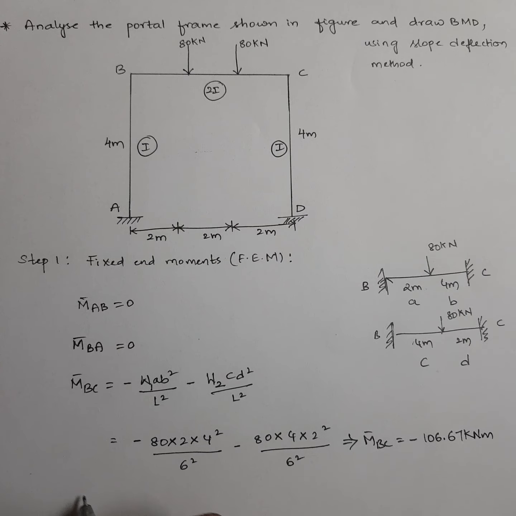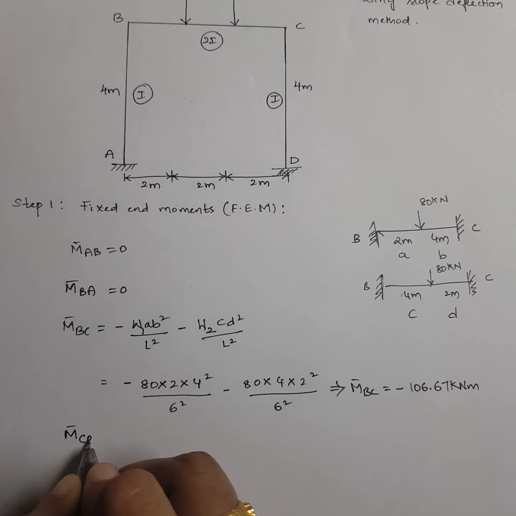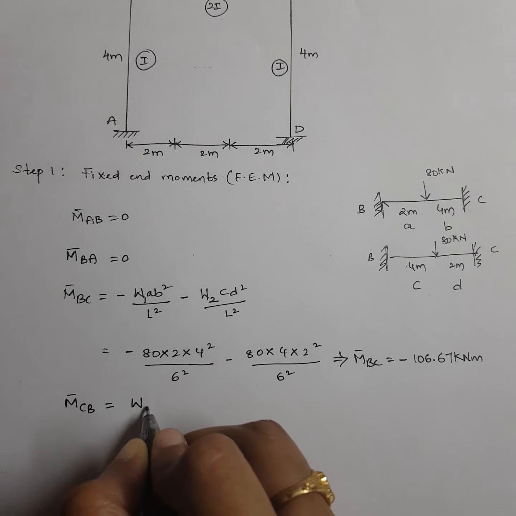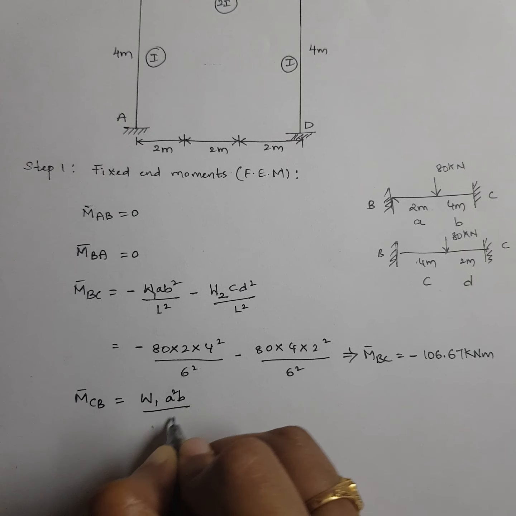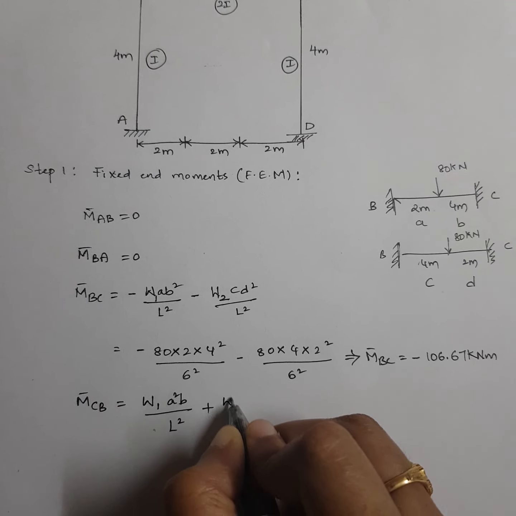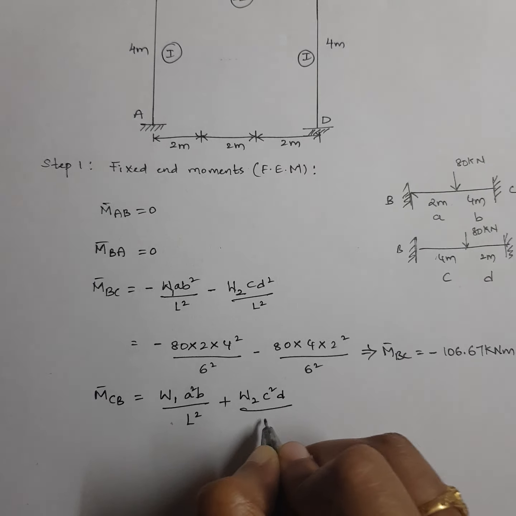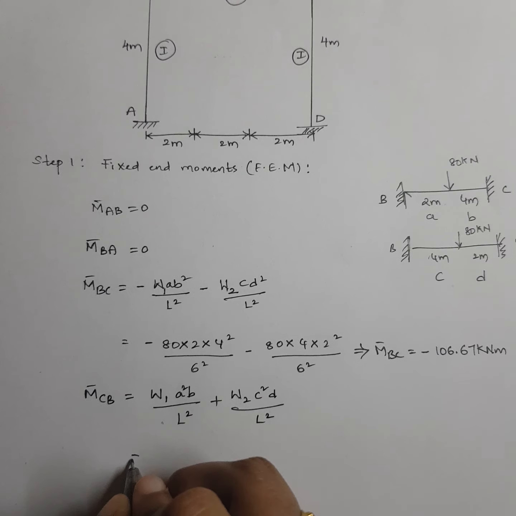Similarly, I'll do M bar CB. How do you do M bar CB now? This will become plus W1 a square b by L square plus W2 c square d by L square. I'll substitute the values.